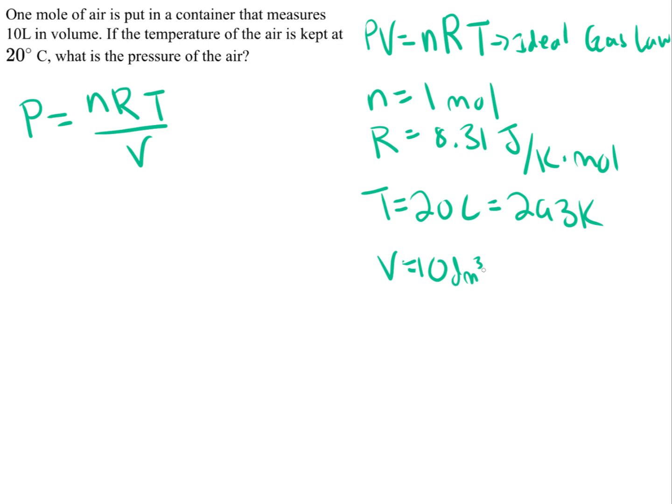And 1 decimeter is 1/10 of a meter. So we can convert this to cubic meters, which is the standard unit required for this equation. So this becomes 0.01 cubic meters. You just divide this by 1,000, since 1 decimeter is 1/10 of a meter, and you have to cube that.